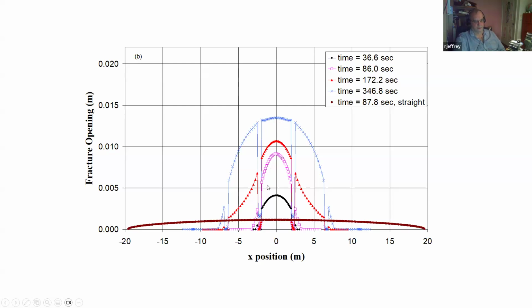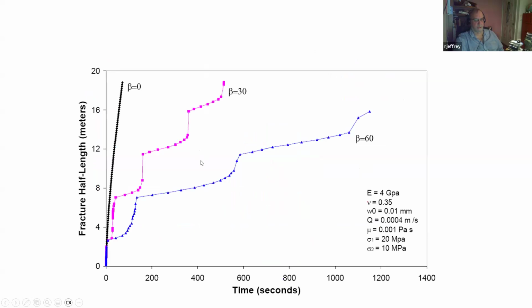These offsets produce restrictions in opening and higher pressure upstream, and they retard fracture growth. So the fracture only ended up being about 12 meters long either side for the offset fracture after 347 seconds, whereas it grew to 20 meters in 87 seconds for a straight fracture.